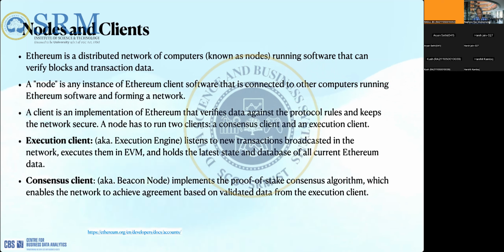So basically, it is a client that knows the rules of execution of a transaction, right? This is the one which understands the rules of the smart contract and the rules of executing the smart contract. For example, the execution code might contain a computation step saying transfer 1 ether from Bob to Alice, and then it will do that job, right?